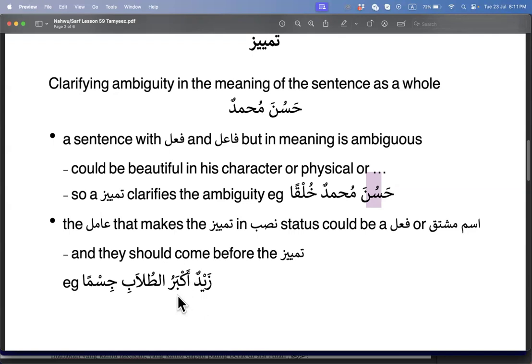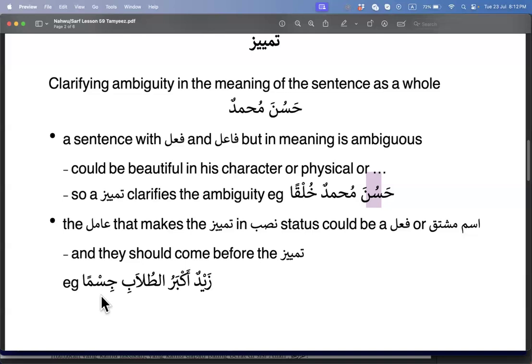Akbaru is the khabar as a mudaf, and al-tulabi is the mudaf ilayhi. So what's the translation of this part? Zaid is the biggest student, the biggest of the students, jisman.